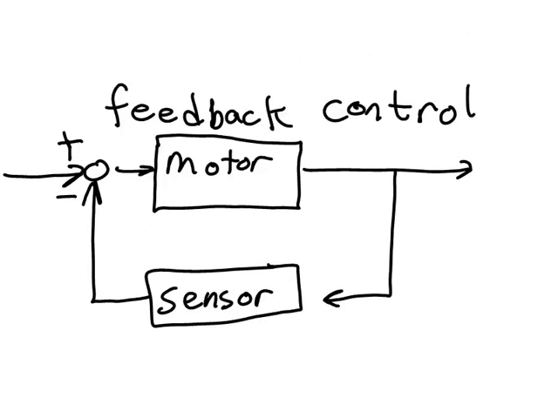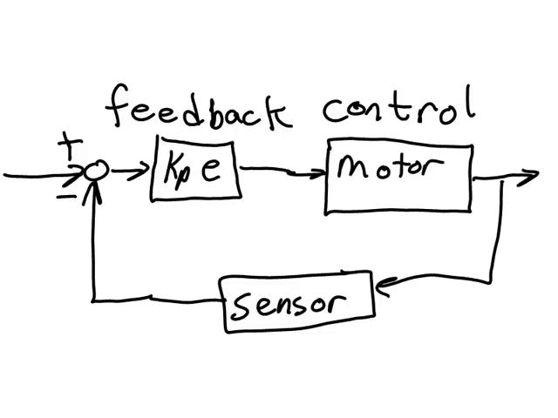Let's take a look back at the simplified feedback control diagram that we've been using in these videos. I'm going to expand this diagram to include our controller, which at this point in our tuning process is just a proportional controller. Here I've expanded the diagram to show our proportional controller.